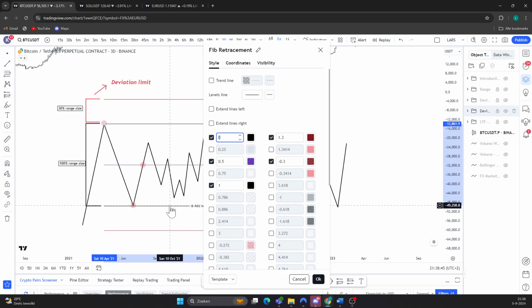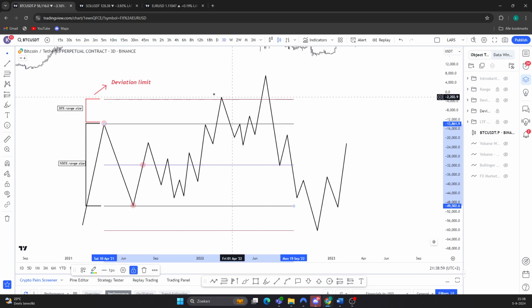So what you can do when I'm double clicking on my FIB retracement, you can do a 1.3 and a negative 0.3, which will give you 30% above your range high and 30% below your range low, making this your deviation limit.